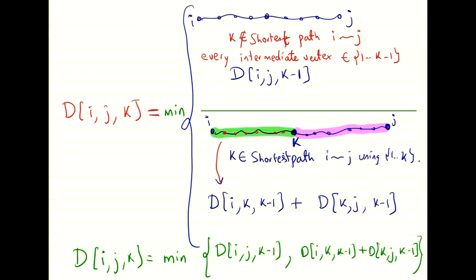So the recurrence is saying d_ijk is the minimum of these two numbers. Okay, that's the recurrence relation. Okay? Yes, question?